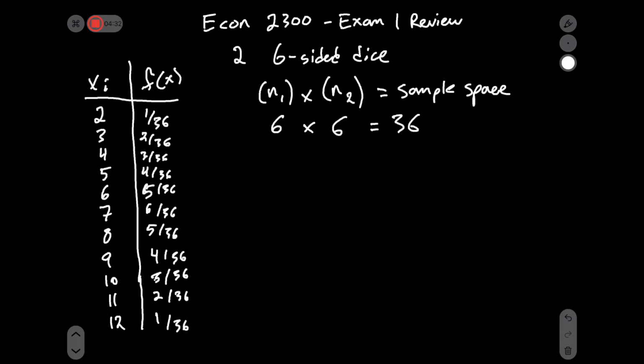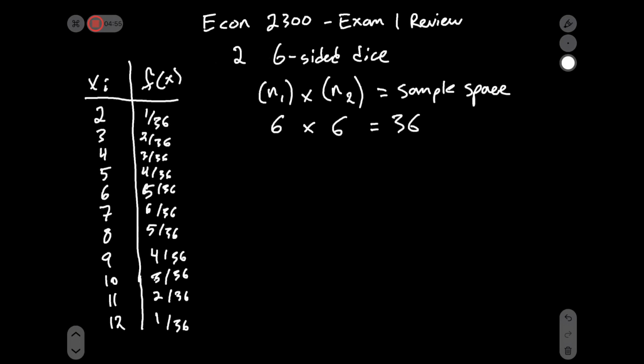Okay, so essentially we could write these all in decimal form, which I won't do for you here, but the first thing we want to ask ourselves is this. Is this probability mass function a valid probability mass function? And how do we determine whether this is valid or not?